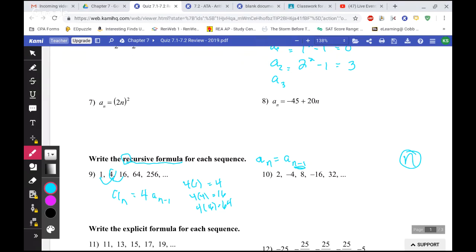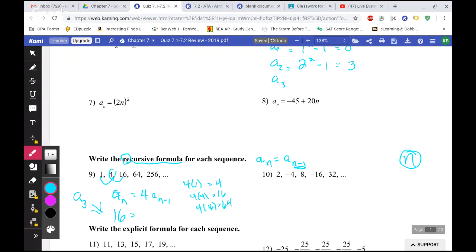So like, okay, let's look at it more specifically here. If I were saying I want to plug in 16 for A sub n, that's the value of A sub 3. Okay, A3 is 16. Does that make sense?